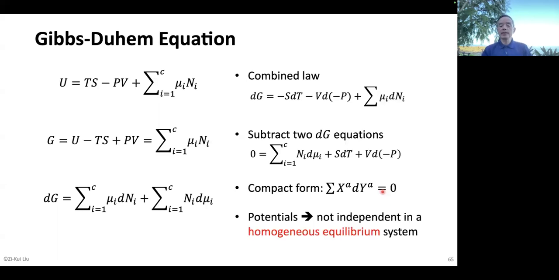So it means that the potentials are not independent in a homogeneous equilibrium system. This is very significant because we will use this to derive the Gibbs phase rule when we have non-homogeneous equilibrium systems.